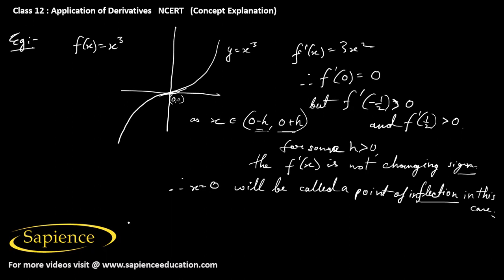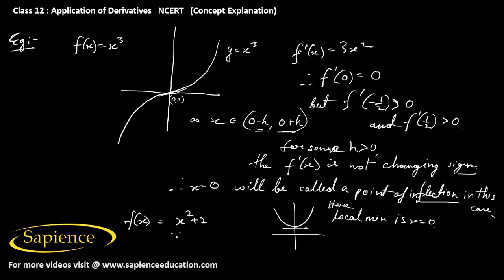And suppose we have the function f of x equal to x square plus 2, then the graph will be somewhat like this. At the local minima, here the local minima is x equal to 0.